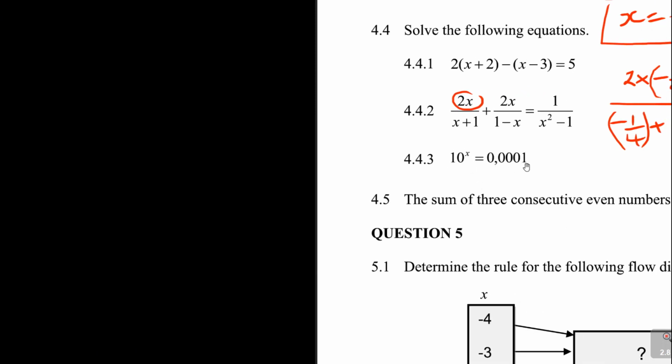How many zeros? 3 of them. So let me write it as you see it: 10 to the exponent x is equal to 0,0001.